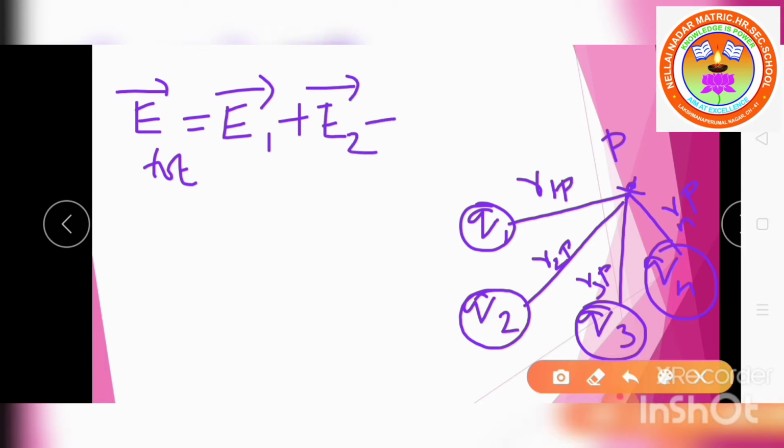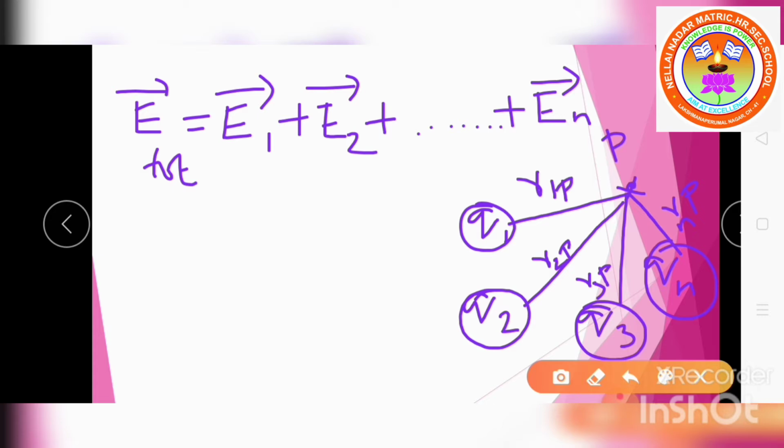So I can write E total vector is equal to, due to the first charge Q1, E1 vector, plus, due to the second charge, E2 vector, plus, etc., add all the values, then the last one, En vector. So the vector sum of the electric field created by the individual point charges is called the total electric field.